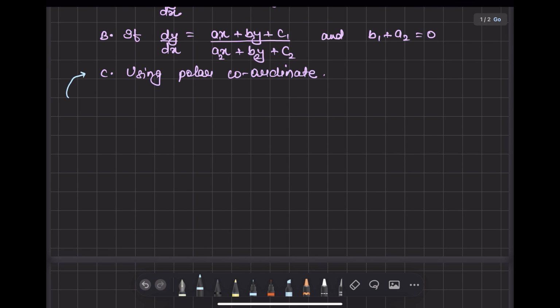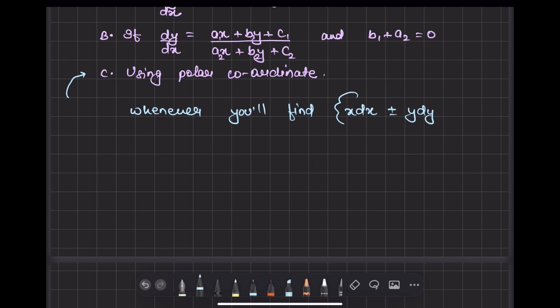My point is, whenever you find x dx plus or minus y dy in the question, you have to think about this method.